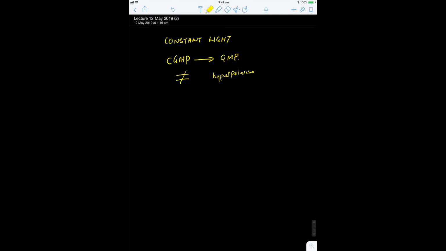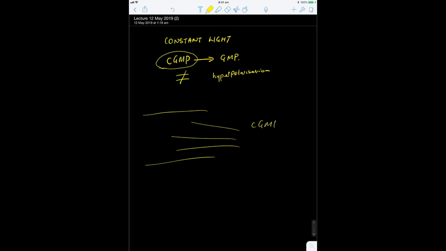But we also know, based on that image I showed you before, that it does eventually return back to normal, and it needs to, so it can respond to additional light. And then how do we make sure that not only that happens, but we don't just use up all of the cyclic GMP with one bright light? So for instance, if I just show you a huge light shining into your eyes, how do I make sure all of the cyclic GMP doesn't instantly get used up?